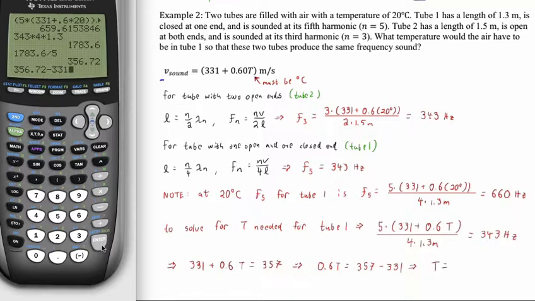So 25.72, and then we're going to divide that by 0.6. So 25.7 divided by 0.6, in degrees Celsius. Let's take that value and divide it by 0.6, and we get 42.8 degrees.